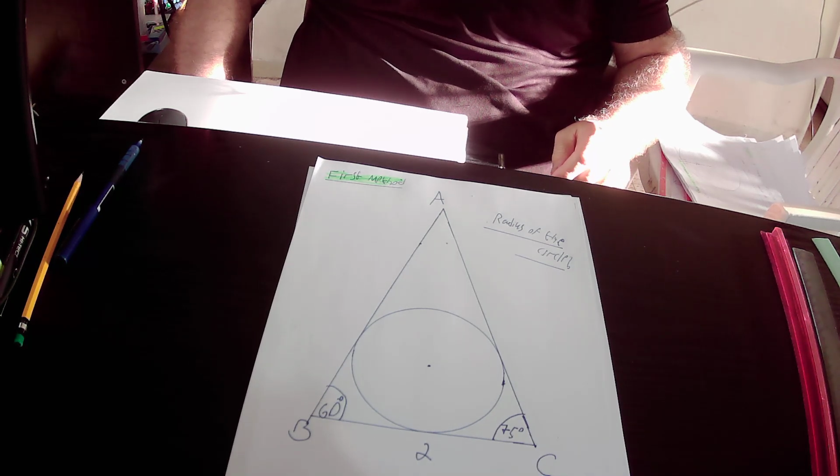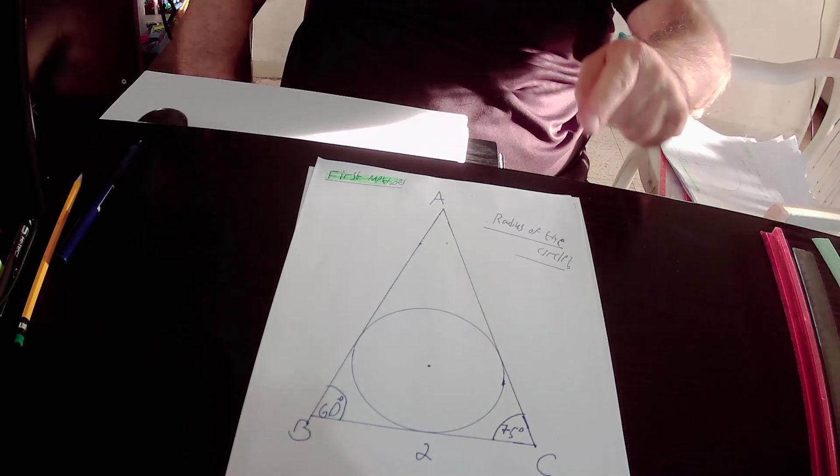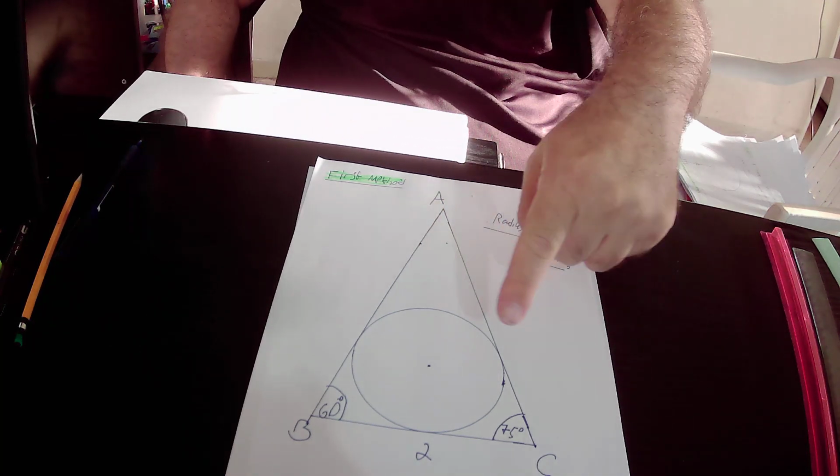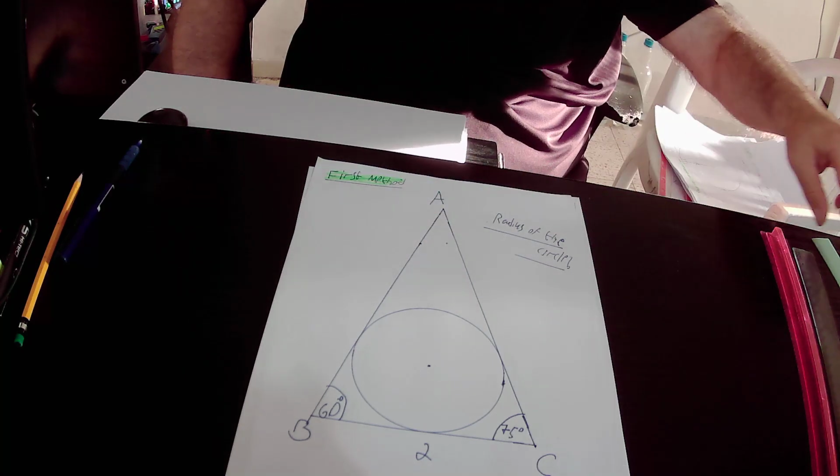Here we will do a construction from point C. We will draw a perpendicular on AB.